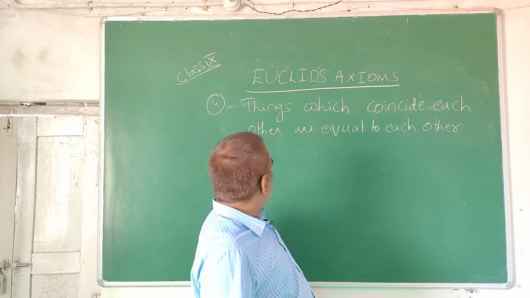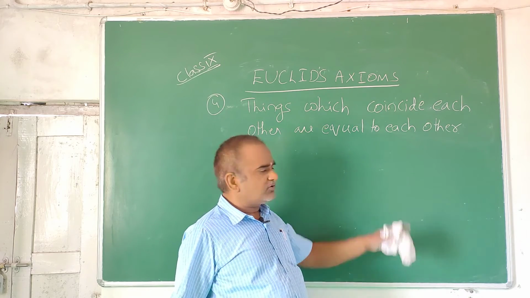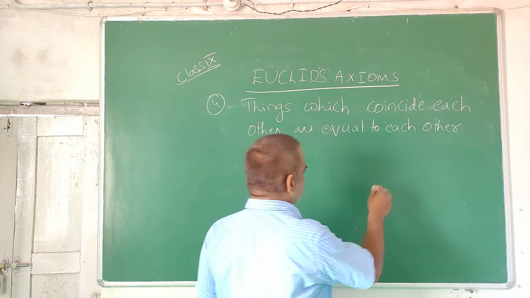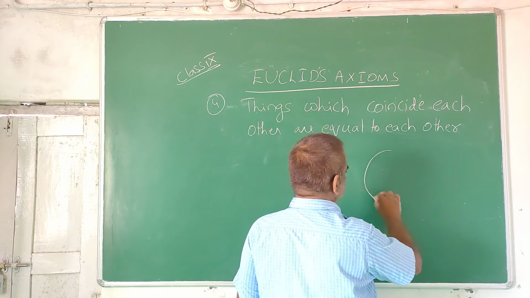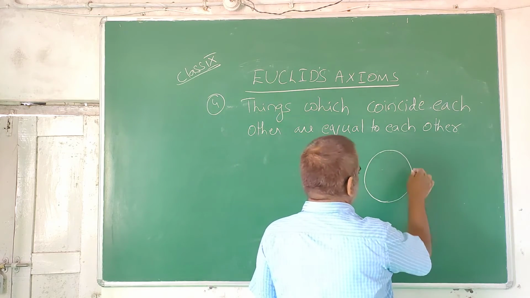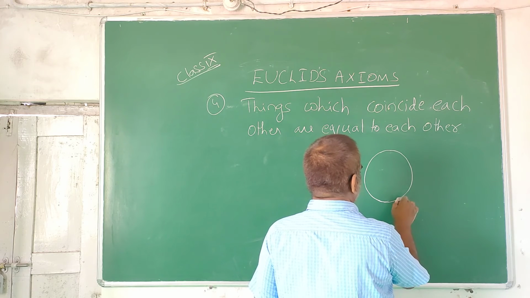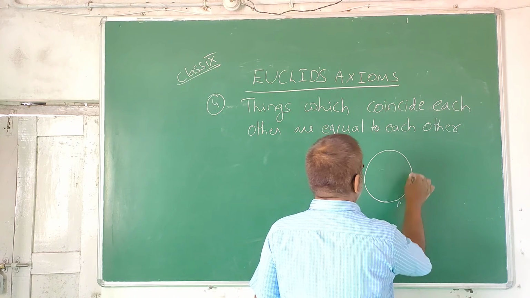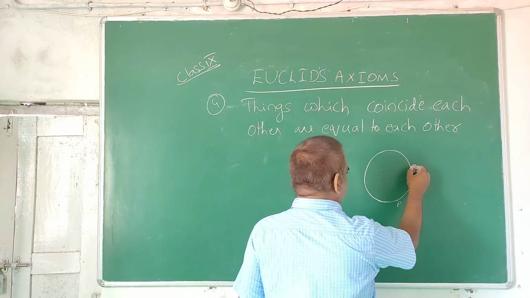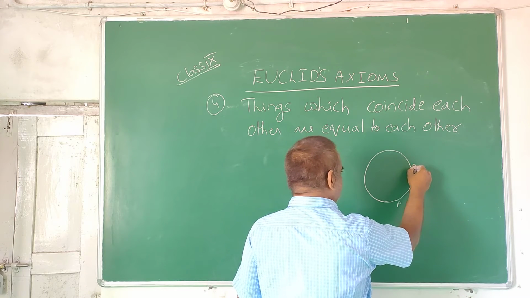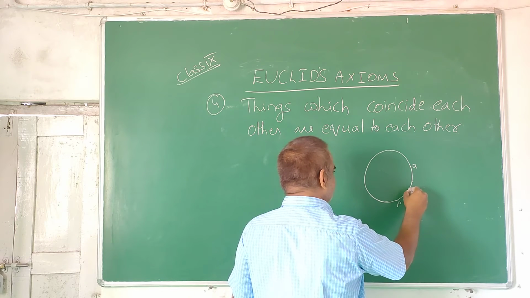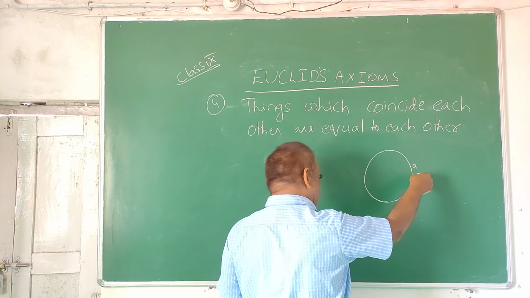Things which coincide with each other are equal to each other. Are you following? See, I will give an example. Say on a circle there is a point P and some neighboring point Q, and Q is moving along the circle.